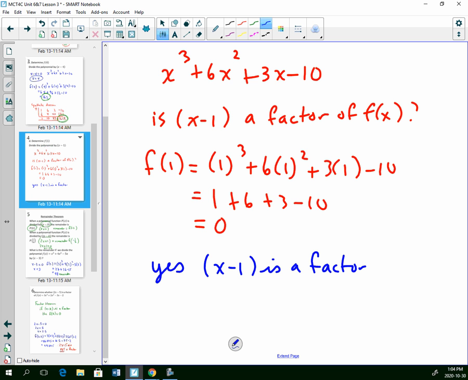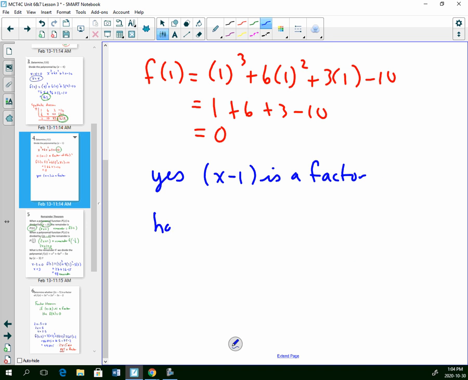So then the question is, how do we know which numbers to try? Because it seems kind of random. Well, the numbers that we try are based on the number at the end, 10.